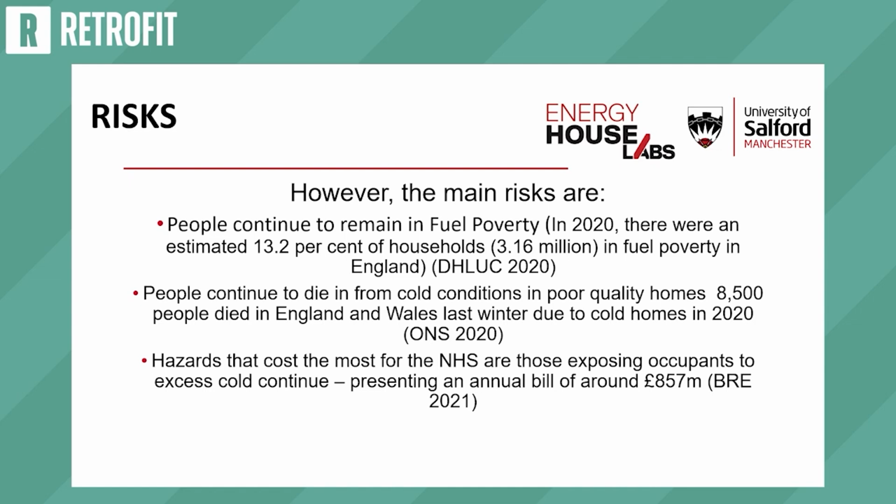And then we expose the NHS to all of these debilitating conditions as well. That report from BRE was taken from last year. BRE have just put out another report which says it's even worse. So that's the risk of not doing what we're talking about. If we stop thinking everything's a risk and we don't do it, this is what's going to happen. Hopefully the retrofit assessment will take some of that risk away. And that's all I've got to say. I think Alan's going to open the floor to some questions. Okay, thanks everyone.